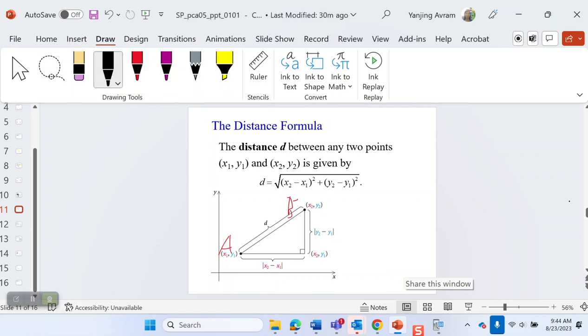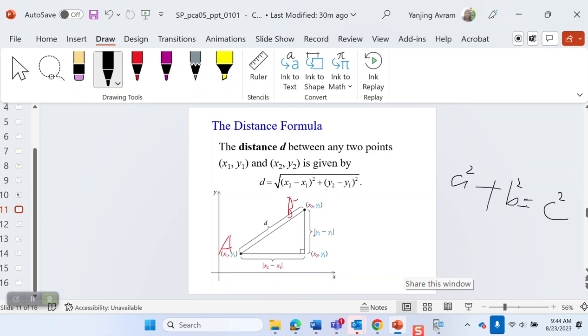Okay, so the Pythagorean theorem is a squared plus b squared equal to c squared, okay? And then if you want to solve for c, you just take the square root on both sides, right? So c is the hypotenuse in here, and then this leg is x2 minus x1, and then this leg is y2 minus y1.